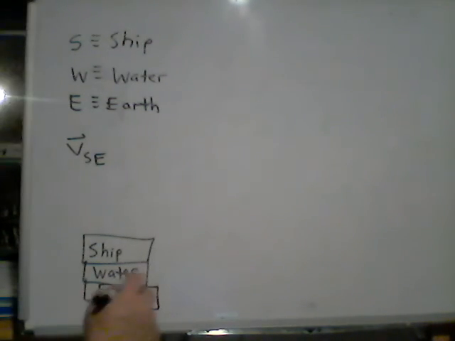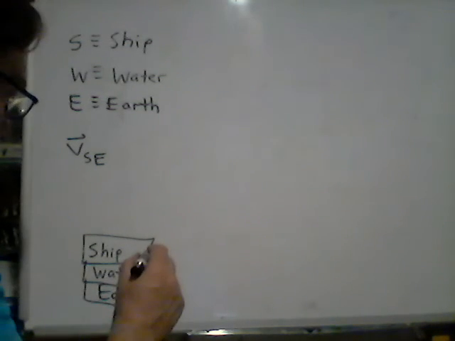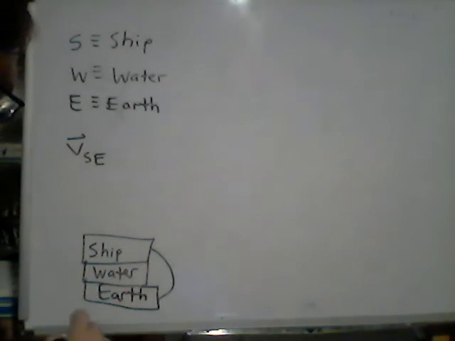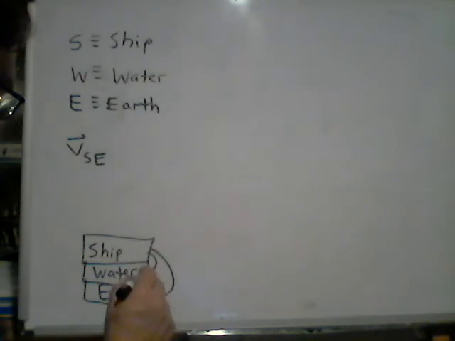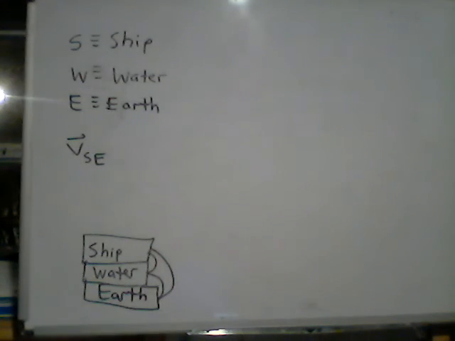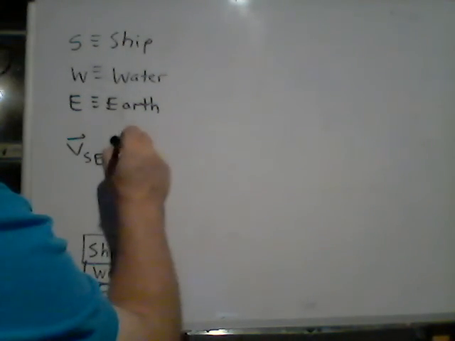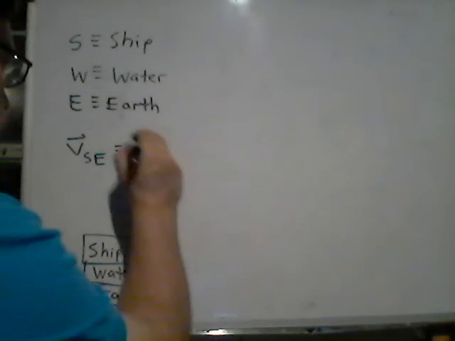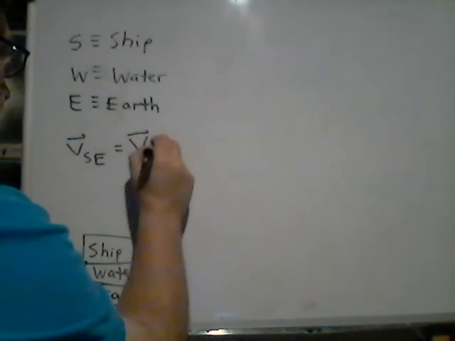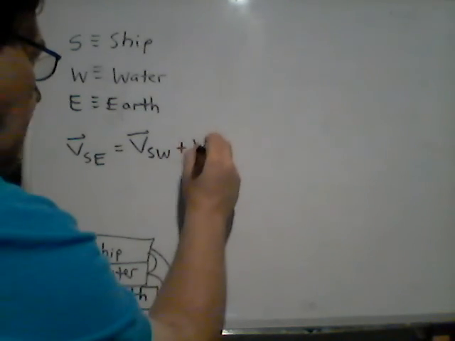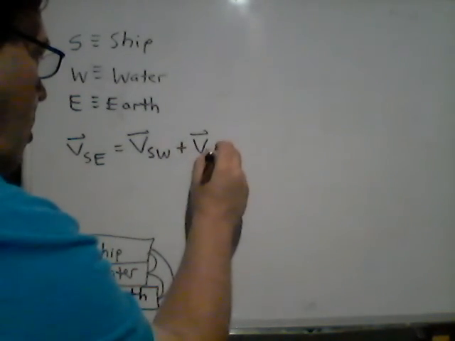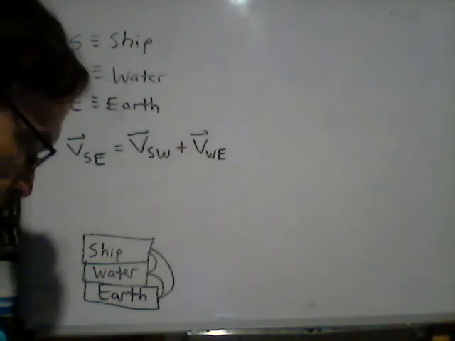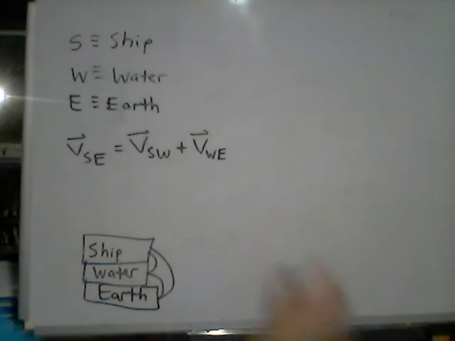So the velocity of the ship relative to the Earth is equal to the velocity of the ship relative to the water plus the velocity of the water relative to the Earth. What we actually want here is the velocity of the Gulf Stream. That's the velocity of the water with respect to the Earth.